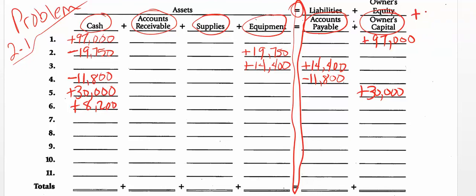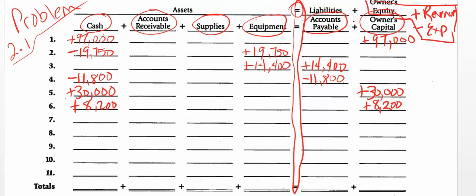So we would add revenue and we would subtract expenses and think of those as being kind of a subset of owner's equity. So we're going to add $8,200. Okay, that one is a little bit different.